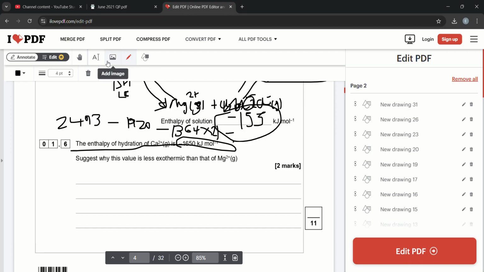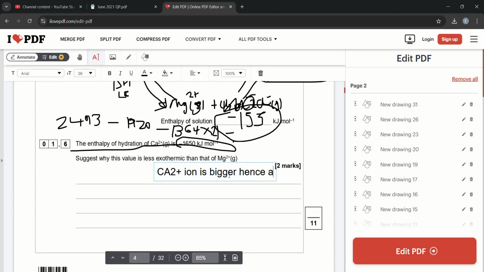Because think about it, calcium is a bigger ion. So we can say that Ca2+ ion is bigger, hence a lower charge to size ratio.